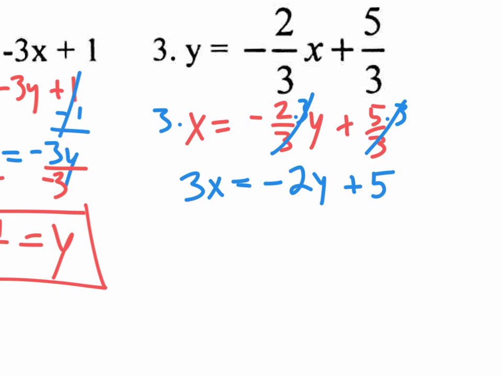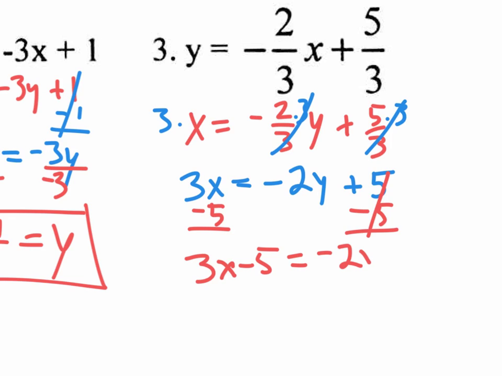I'm going to now subtract 5. Subtract 5. So I will have 3x minus 5 equals negative 2y. And for my final step here, I'm going to divide by negative 2 and divide everything by negative 2.